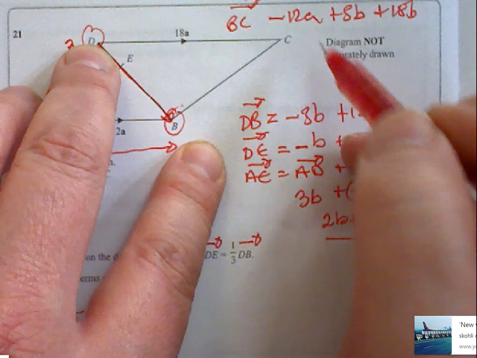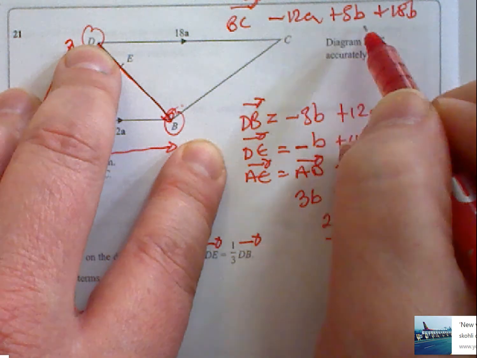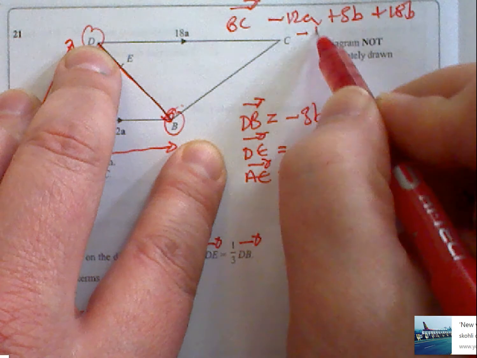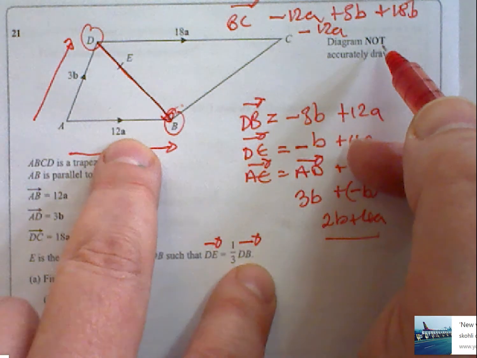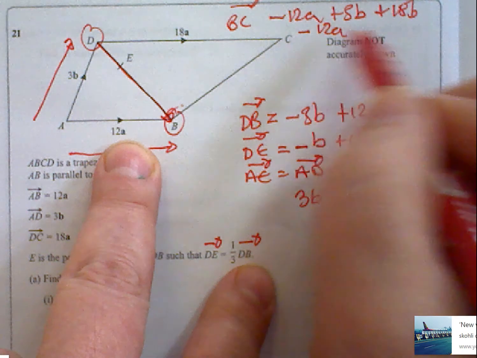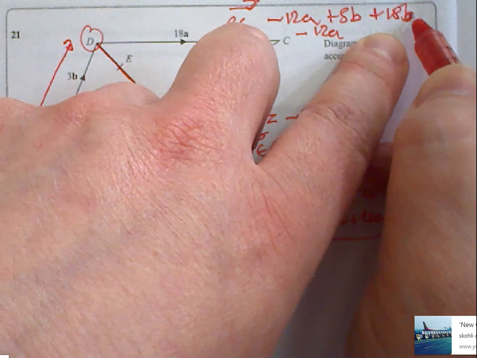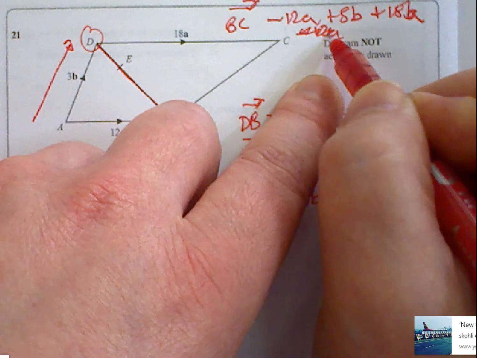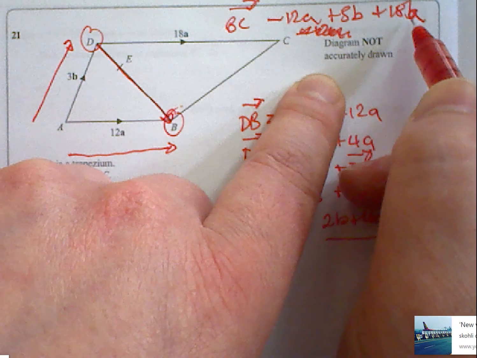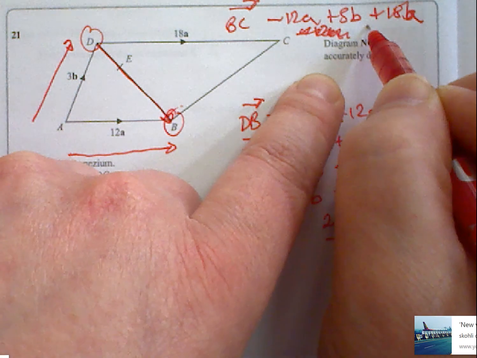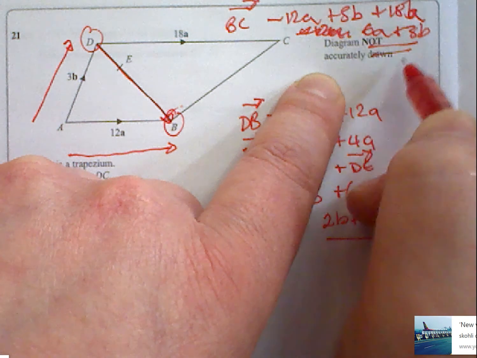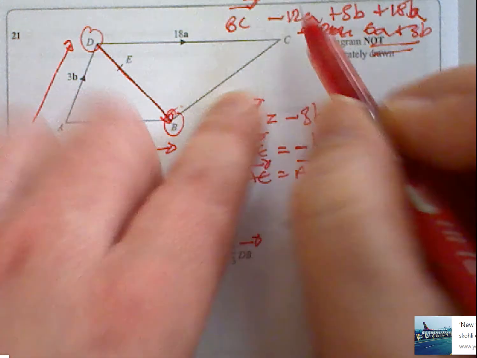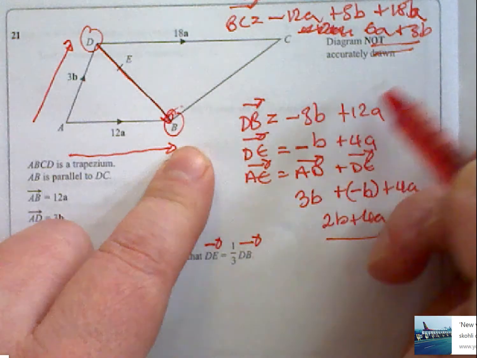If I simplify that, I get minus 12A plus 18A is 6A, plus 3B. So 6A plus 3B is equal to going from B to C.